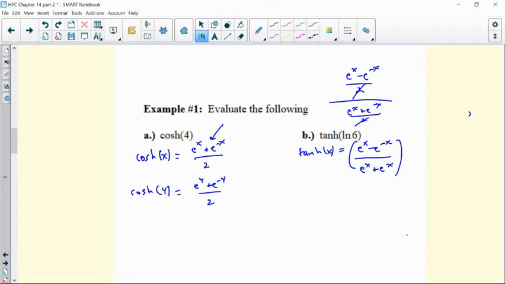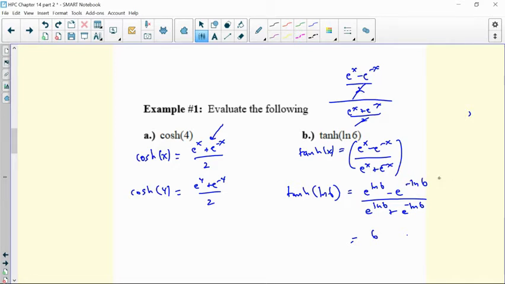And then we substitute natural log of 6. In this case, there is going to be some simplification because e and ln are inverses of each other. So we get e to the natural log of 6 minus e to the negative natural log of 6 over e to the natural log of 6 plus e to the negative natural log of 6. e and ln cancel, so we have 6, and then we should simplify this negative to make it a fraction.